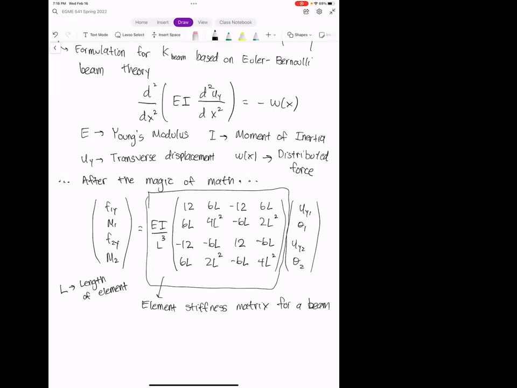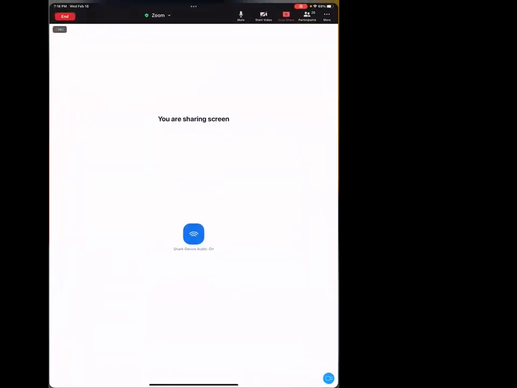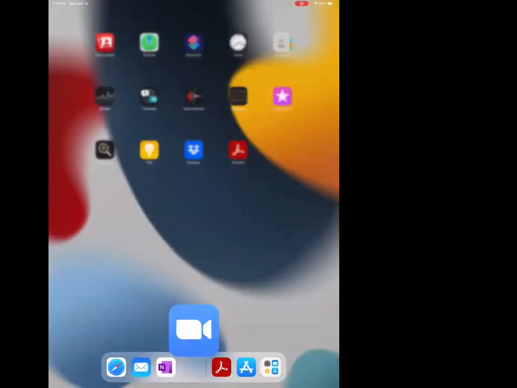Now that we're equipped with that, we are ready to start doing problems. I have one more small thing to cover first, and then we'll see how this fits into problems. Any questions on this so far? Let me check Zoom. No questions on Zoom.